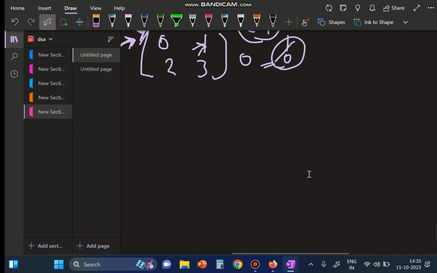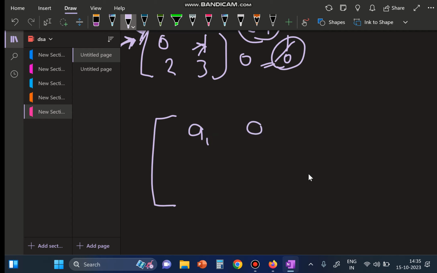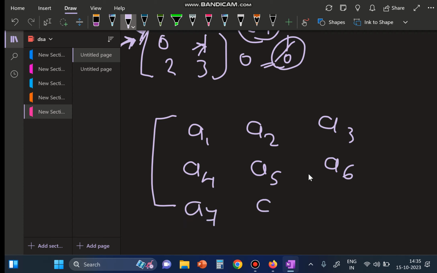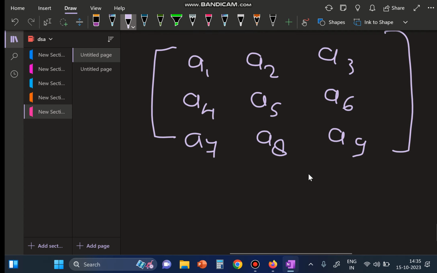So now we can just ignore division and come up with a solution in which we are only multiplying the numbers. Let us suppose we have a matrix a1 a2 a3, a4 a5 a6, a7 a8 a9, and I want to find the product matrix of this matrix.